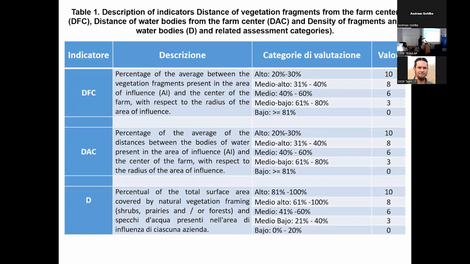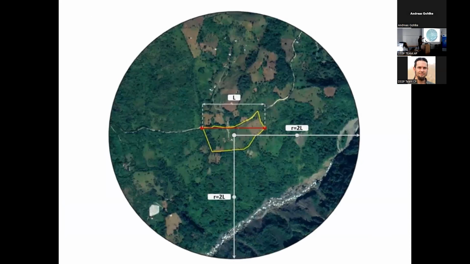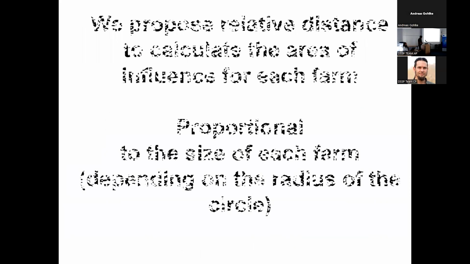This is a table. Our work has many tables of interpretation. So this is the way that we measure the area of influence of the farm and the landscape.